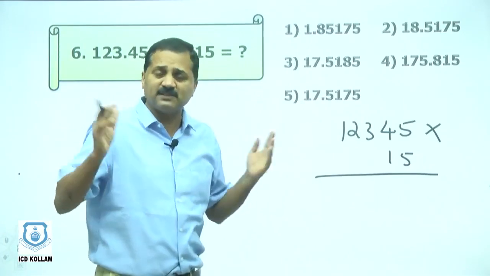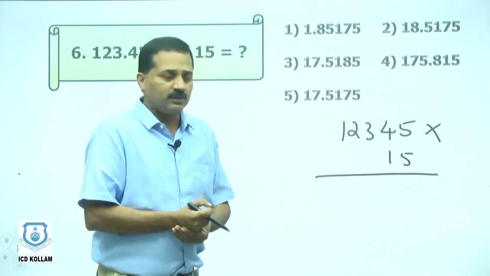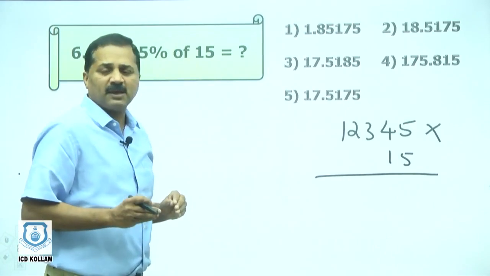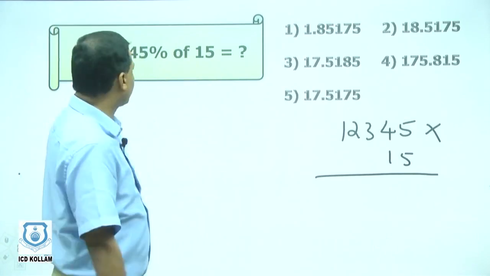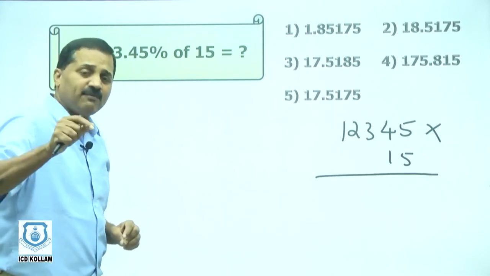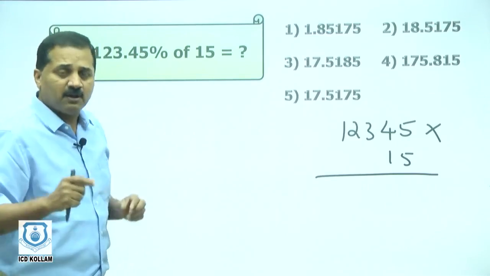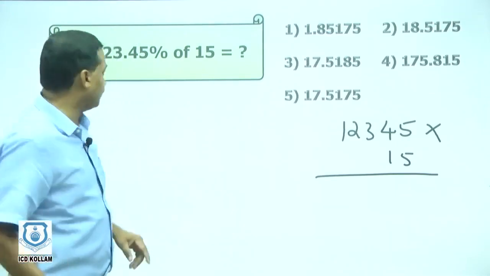But those must be the days of the past. If you know the table of 15, then this question becomes very easy, answer will be spontaneous. So how do we do? Instead of multiplying by 5 and subsequently by 1, multiply the number 123.45 by 15 directly.